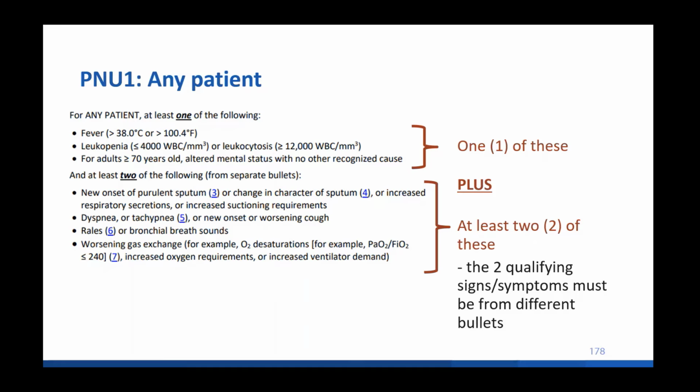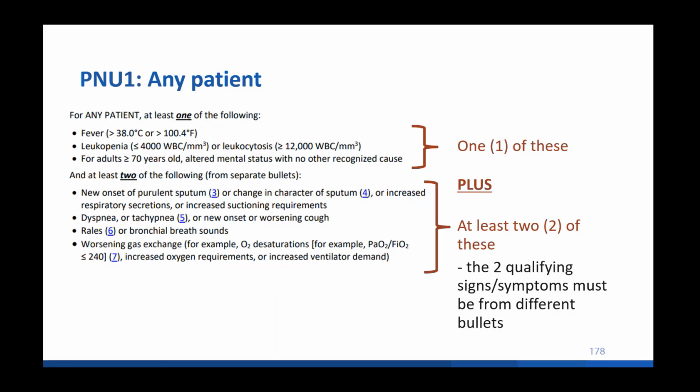The signs and symptoms requirement includes one of the following: qualifying temperature, or leukopenia or leukocytosis, or for patients 70 years old or older, altered mental status with no other recognized cause. Plus, you must have at least 2 additional qualifying signs and symptoms. The qualifying signs and symptoms must be from different bullets.